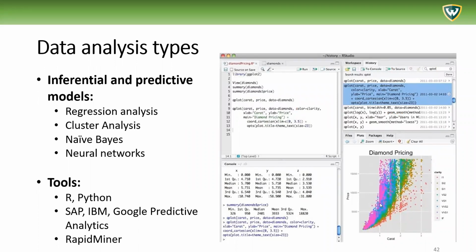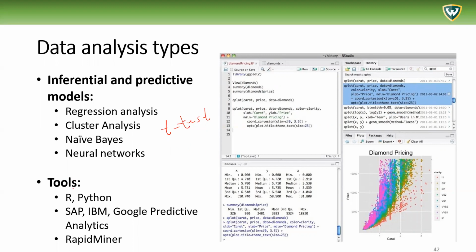So there are a number of inferential and predictive models that are used in statistics and data science. So things like regression analysis, cluster analysis, naive Bayes, neural networks. Other tools too that we don't talk about here, but you may be familiar with, like t-tests, other kinds of statistical tests that explore the significant variation in different kinds of data distributions.